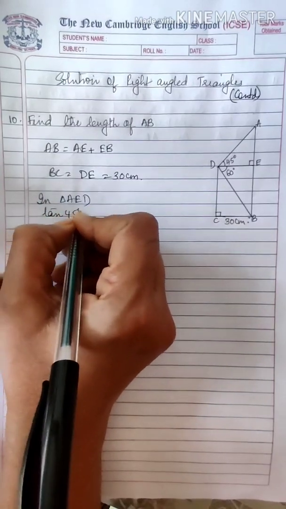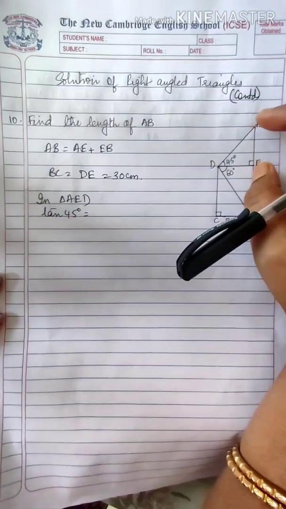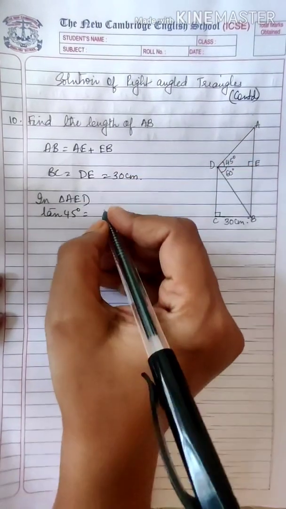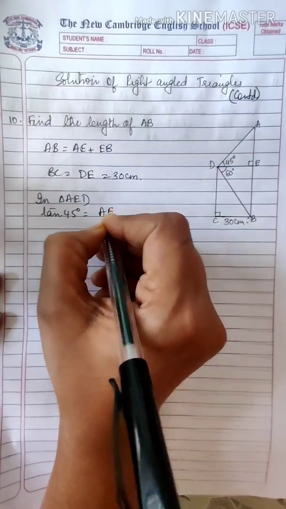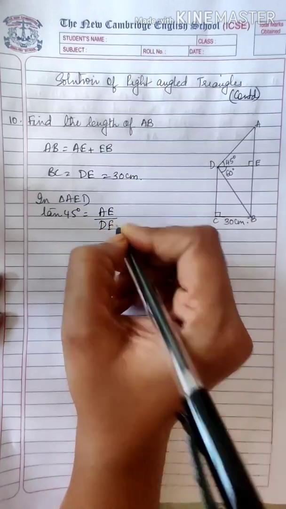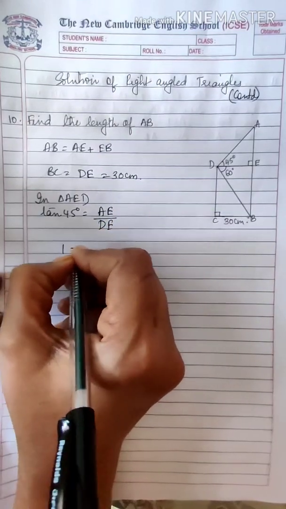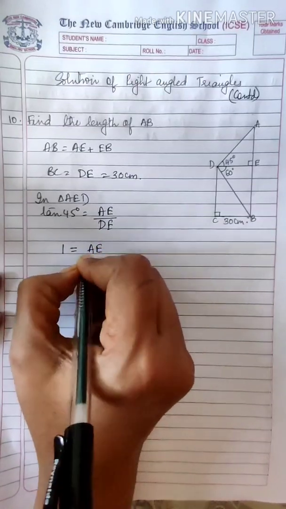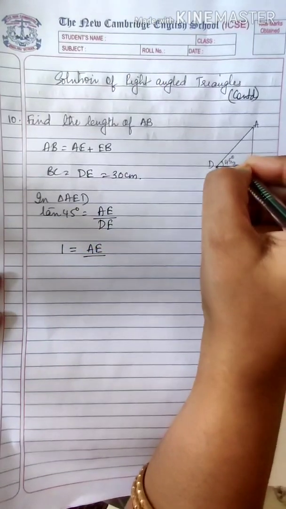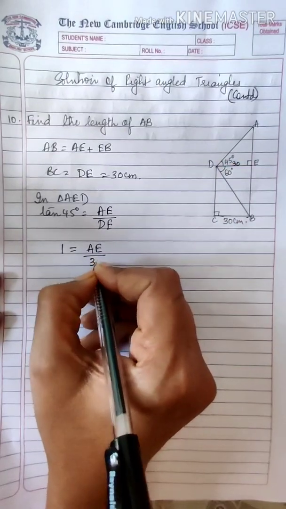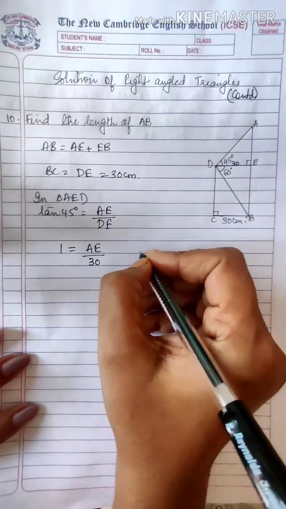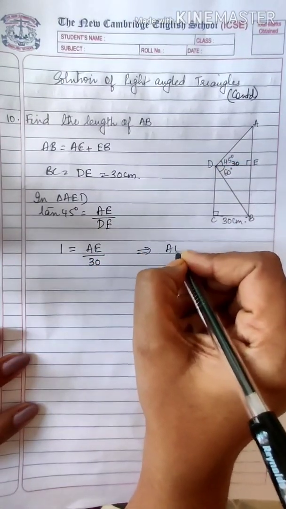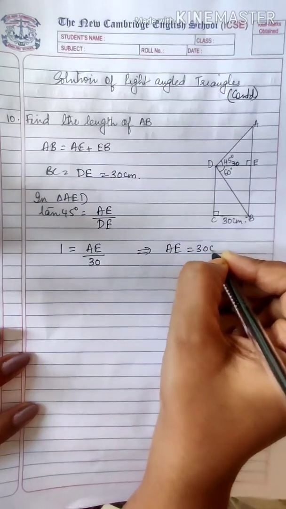The ratio tan 45 will be equal to AE upon ED. And the value of tan 45 is 1, and DE is also equal to 30, so this is 30. Therefore, you get AE is equal to 30 centimeter.